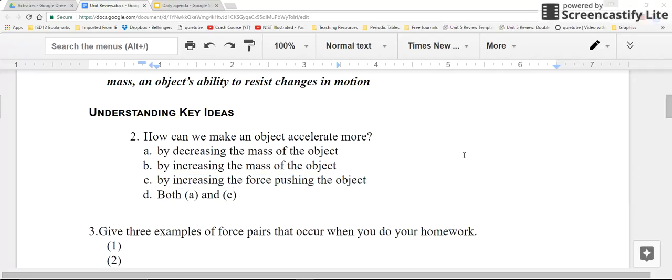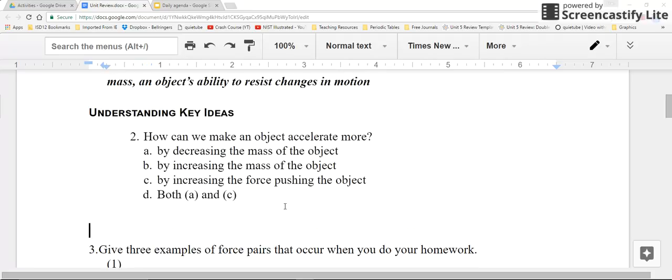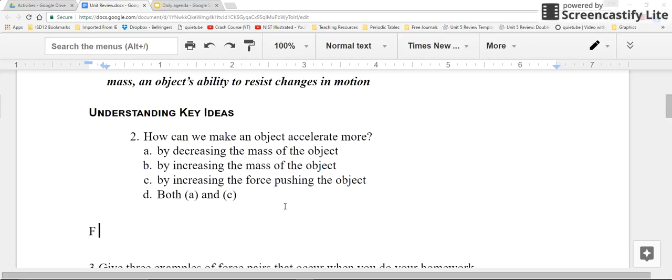The key idea here that we have to remember is this. F equals M times A. Okay? Or we can rearrange that formula for acceleration is force divided by mass. Okay, so let's look at this version.